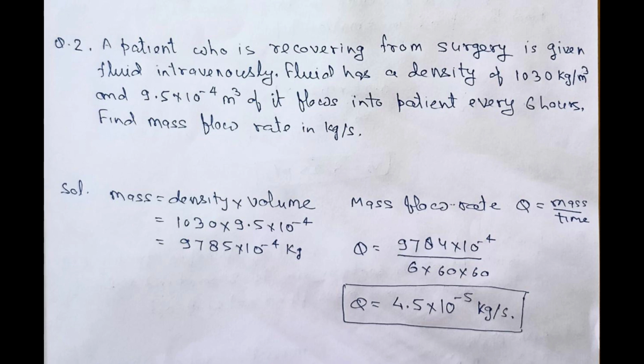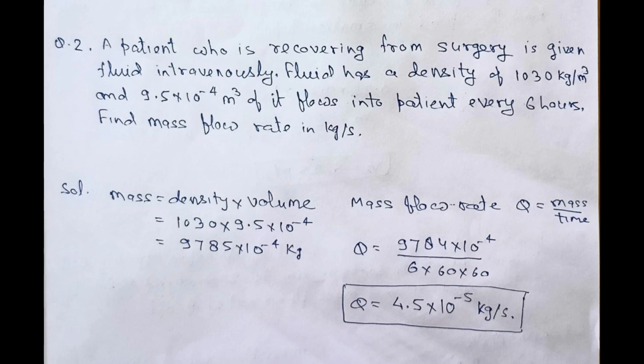First of all, we will calculate mass in this problem. Mass equal to density multiplied by volume. Density is given as 1030 kg per meter cube and multiplied by volume, which is given as 9.5 into 10 power minus 4 meter cube. So we will get the mass as 9785 into 10 power minus 4 kilogram.